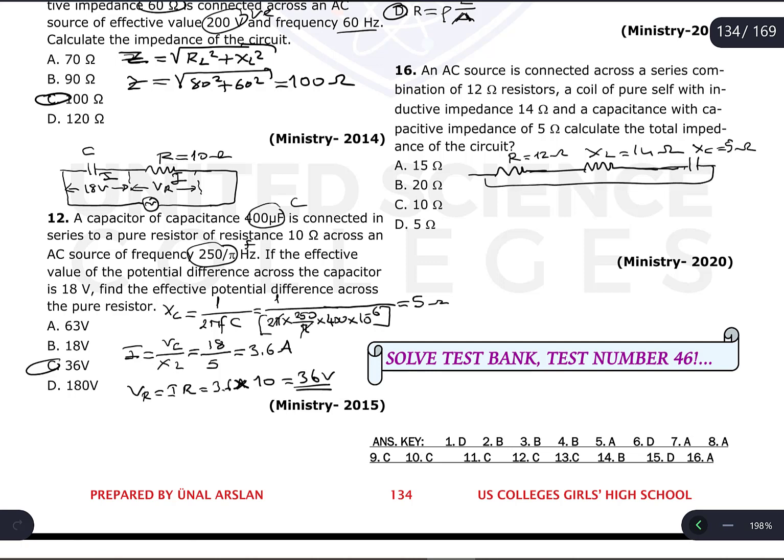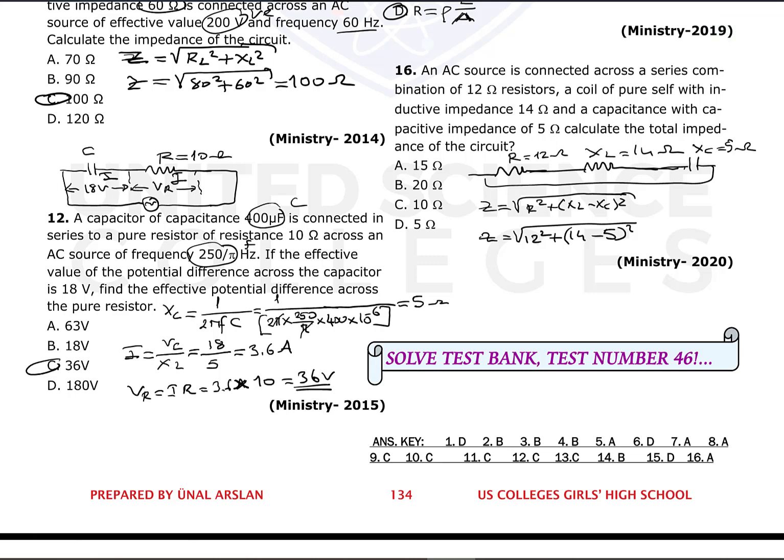This is very easy. I'm just going to use the equation for Z. Z is equal to root of R squared plus XL minus XC squared. So Z is equal to R is 12 squared plus XL is 14, XC is 5, so squared.